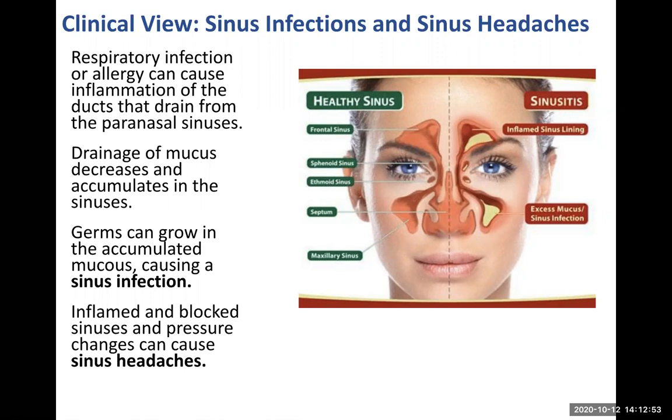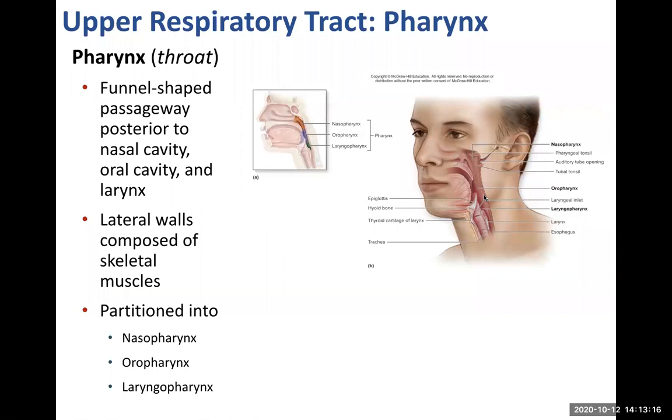And it also makes somebody susceptible to developing sinus infections. That's because that mucus acts as a breeding ground for various bacteria and other germs. And oftentimes, if bacteria is the causative agent, then a sinus infection has to be treated with antibiotics.